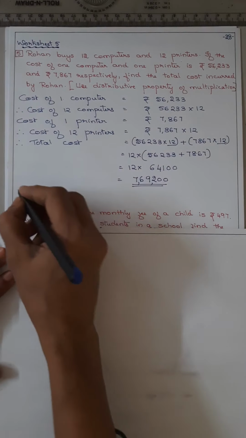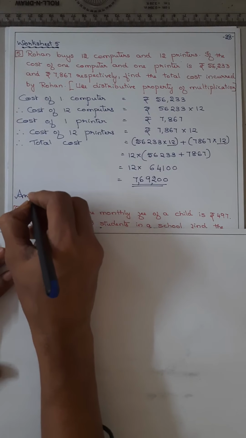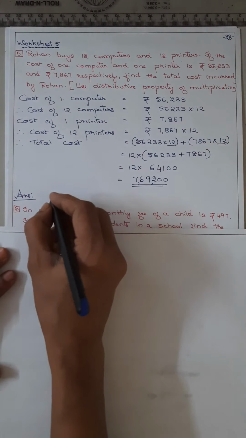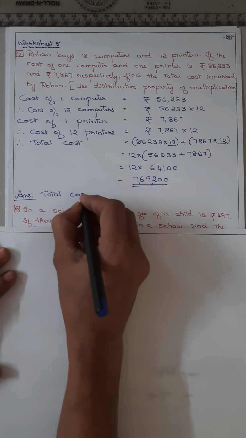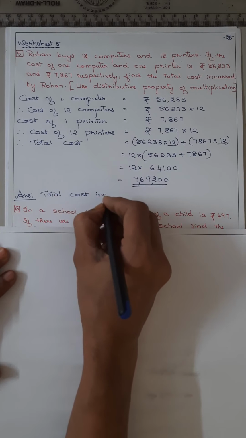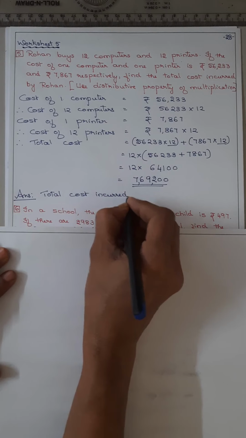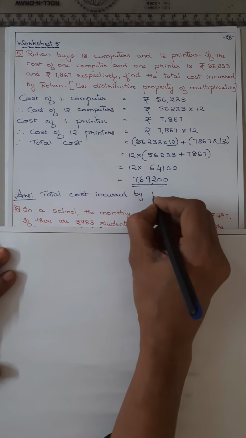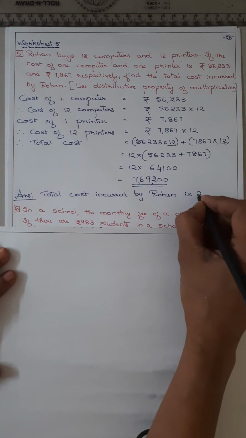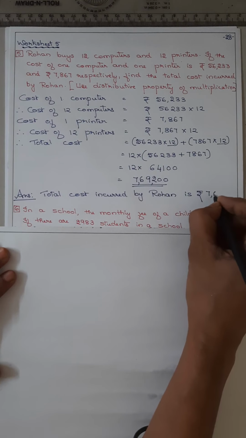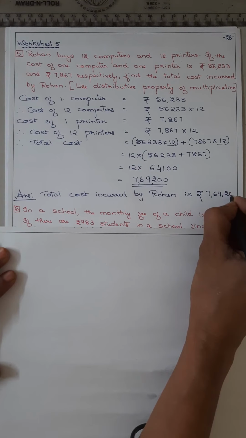Now write the answer. The total cost incurred by Rohan is rupees 7,69,200.